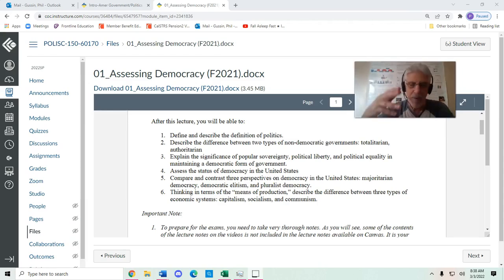I talked about all kinds of things. And number 4 is assess the status of democracy in the United States, which is huge, people write books about that. But those are the learning objectives. If you look at the study guide, it provides a much narrower emphasis.